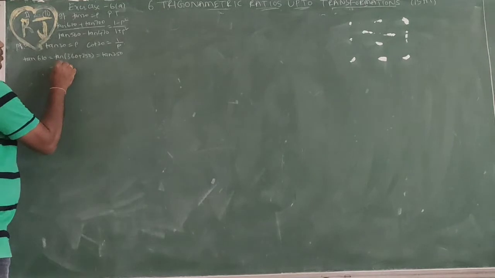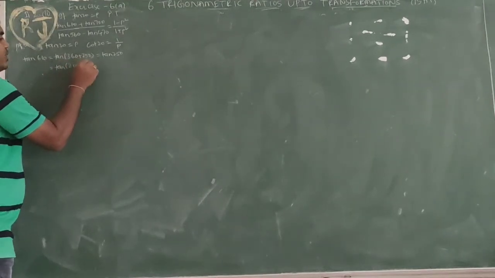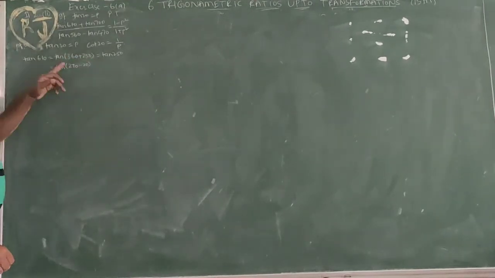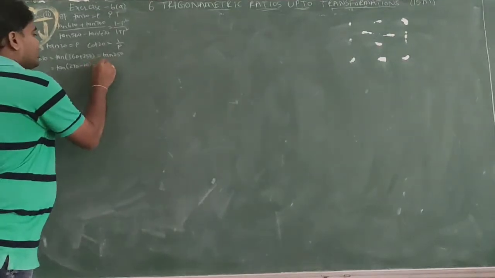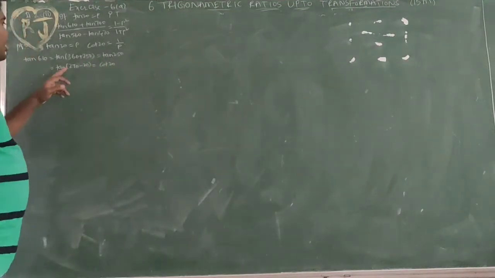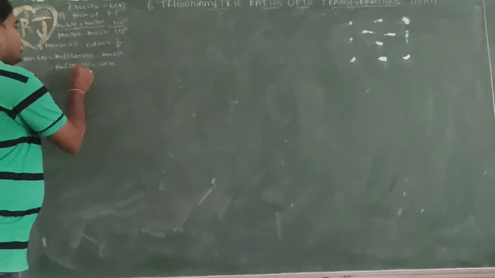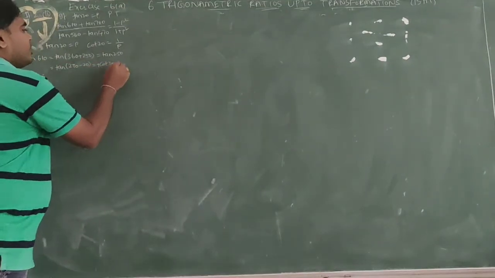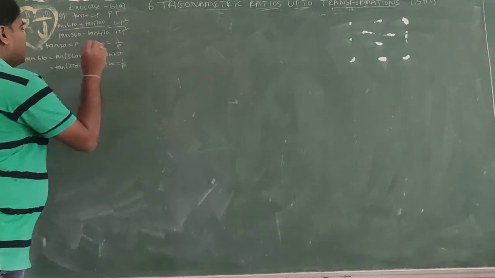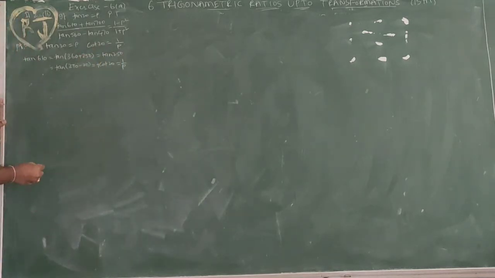So tan of 270 minus 20. Since it is 270, tan will become cot 20. But it lies in the third quadrant, where tan is positive. So it is cot 20, which equals 1 by p. Next, tan 700.